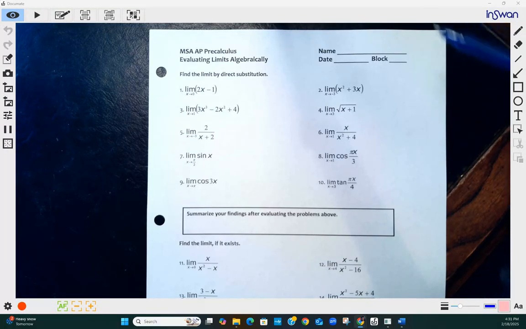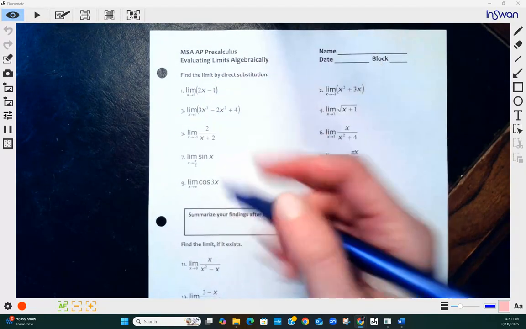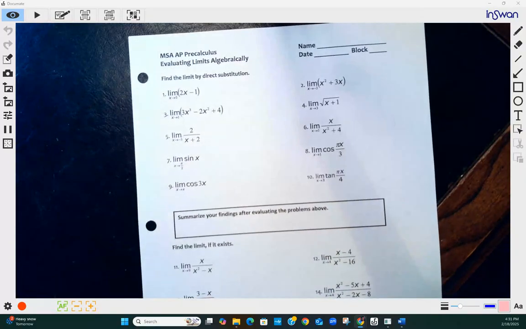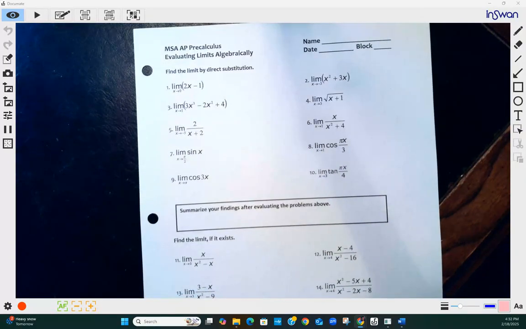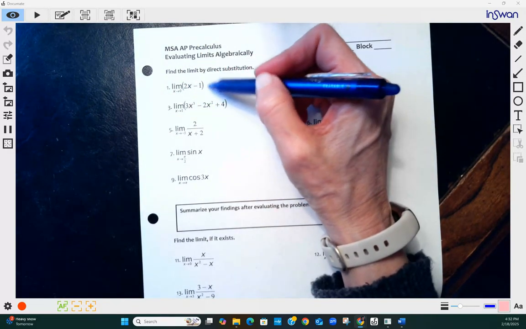Finding the limit by direct substitution. So do just what it says. Whatever x is approaching, you're just going to substitute it in. Now, you need to answer with the complete limit statement. This is very important. So I have a limit statement here that's just waiting for an answer.